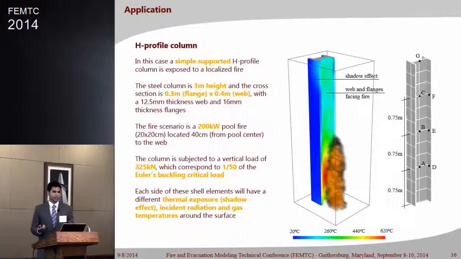We can call that a shadow effect. So as this part of the column will be facing the fire, the exposure of the surface will be different from parts like this side that are not facing the fire. And we need to account for that to have a better thermal gradient. As I said before, all the bending moment that we have in this column will be generated by the thermal gradient, so that needs to be accurately accounted for.